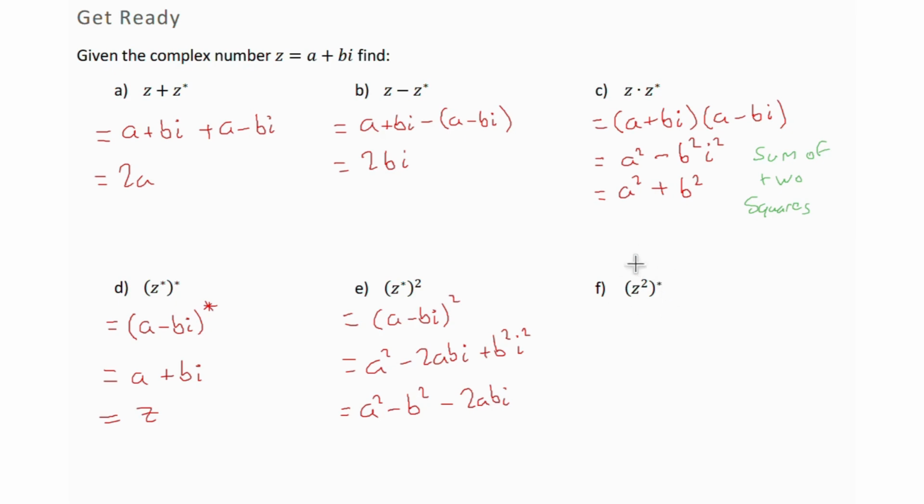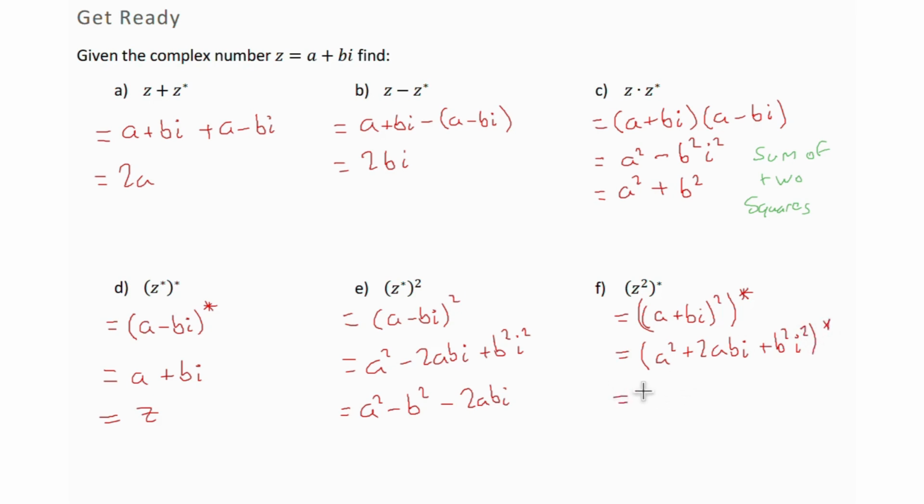Now what about z squared and then conjugate? So this is the other way around. First of all, this time we need to work out what z squared is. That is a plus bi squared, and then take the conjugate of that. Inside the brackets, we're going to get a squared plus 2abi plus b squared i squared.